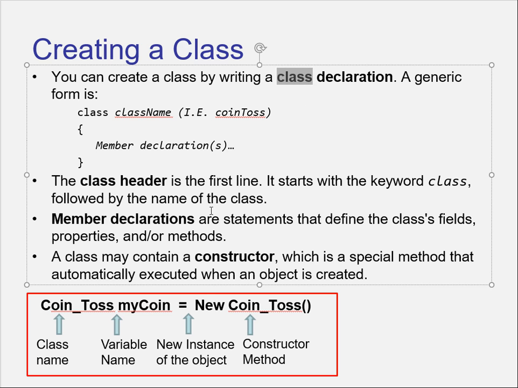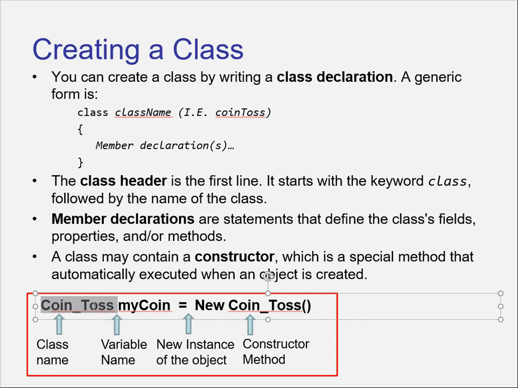Now, to actually use that class or create an instance of the class, in the future we call it CoinToss, which is the original one here, and then we've got our variable name right here. There's the variable name, and then we assign it equal to a new instance of that object, called CoinToss, which is the name of the class, but it's also the name of the constructor.